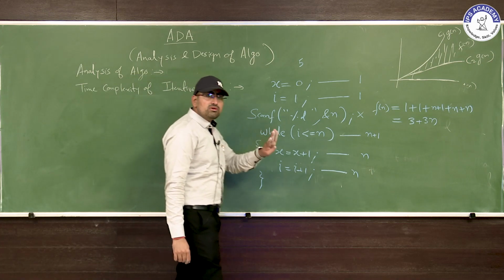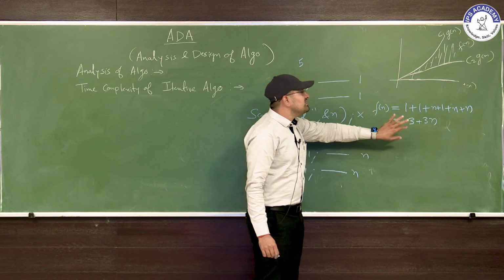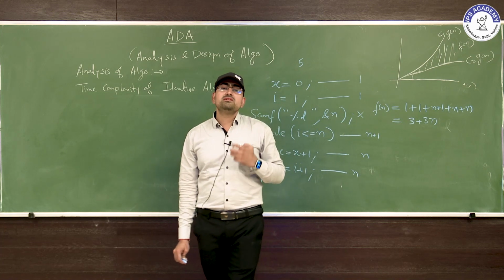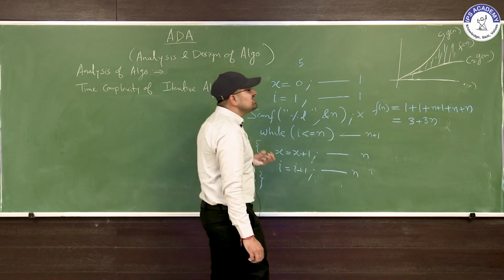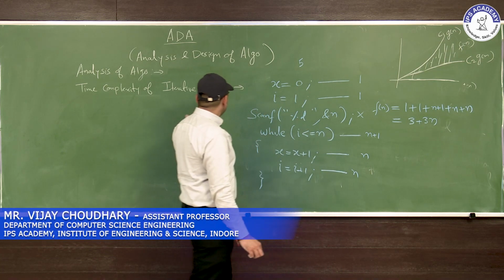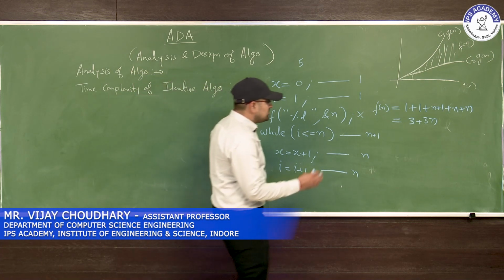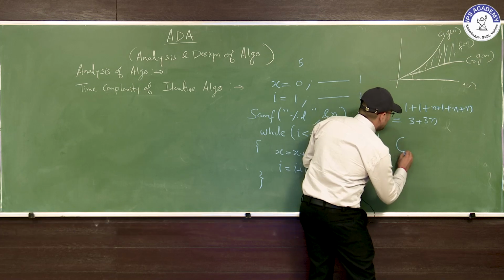Now step number 4 that I had written: use the asymptotic notation to represent this frequency count as a single term polynomial. We can go for any asymptotic notation, but generally we use big O notation, so that is why we are going to use the big O notation here also.